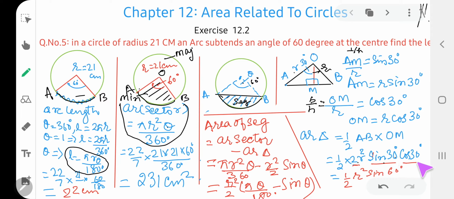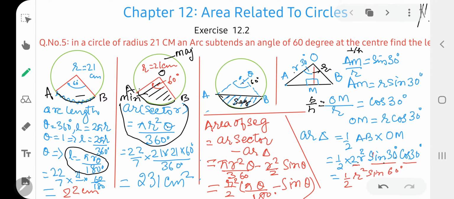Both places with sine and cos you have 30 degrees, so if you replace it by a single sine, the angle becomes double. So 2 sine theta cos theta is equal to sine 2 theta. That is why I doubled the angle here. So the formula for the area of this triangle is half R square sine 60 degrees, or sine theta if the angle is something else, but for this question we will use half R square sine 60 degrees.